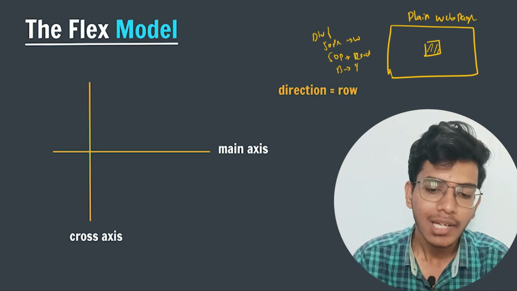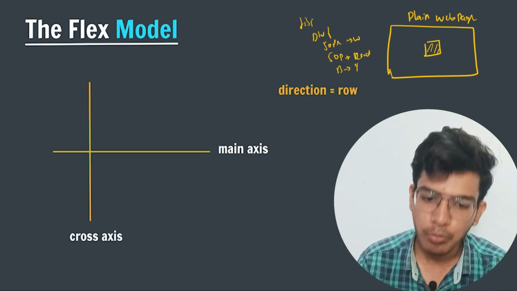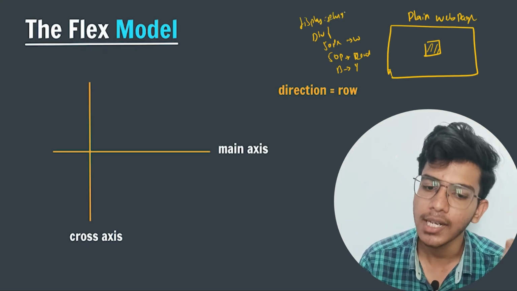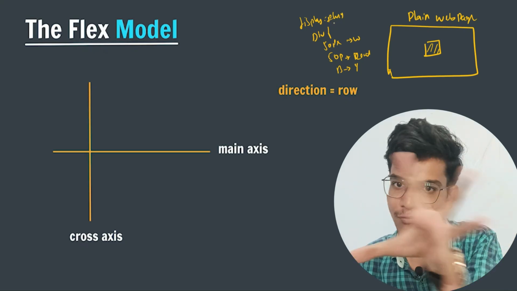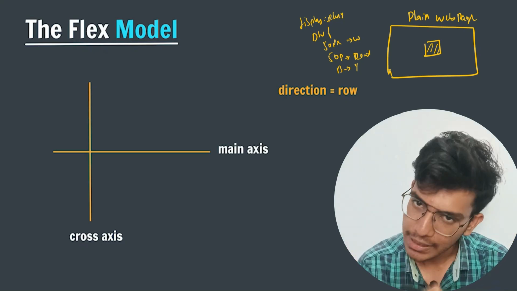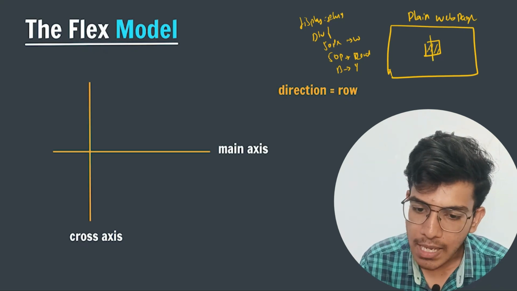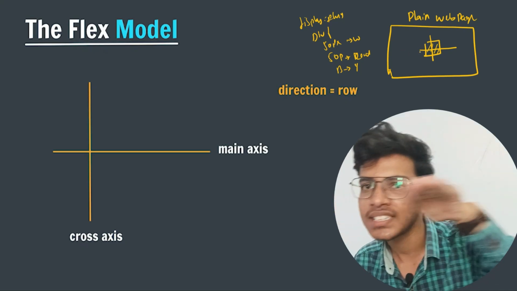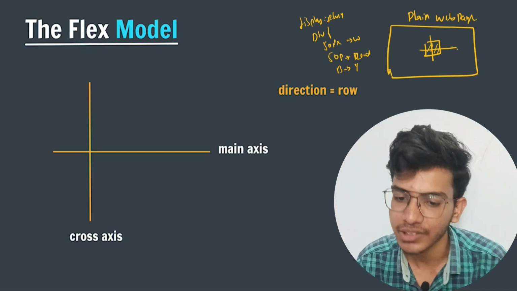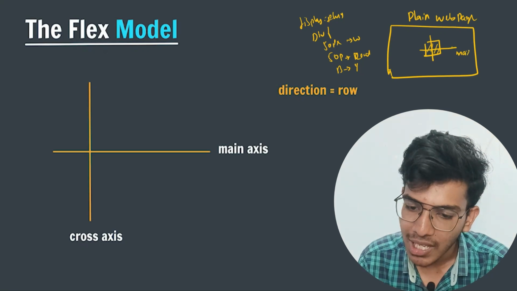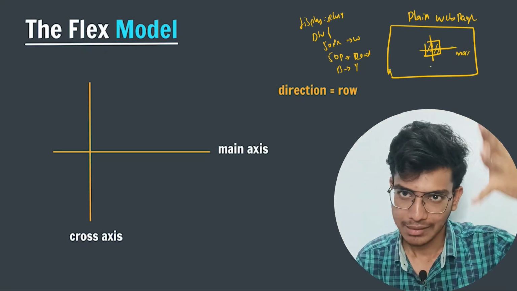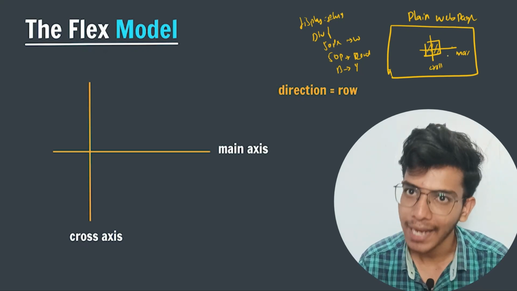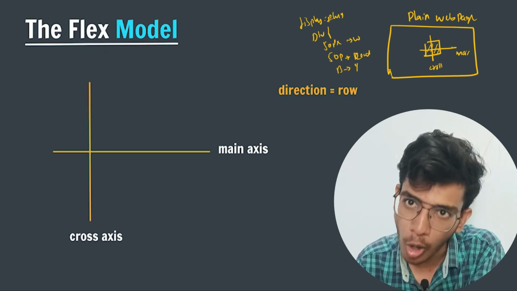Okay, so if you give the property display flex, then for this particular div there will be 2 axes associated with it. We call the horizontal axis the main axis, and the vertical axis will become our cross axis, or you can also call it the secondary axis, but most of the time we use the term cross axis.